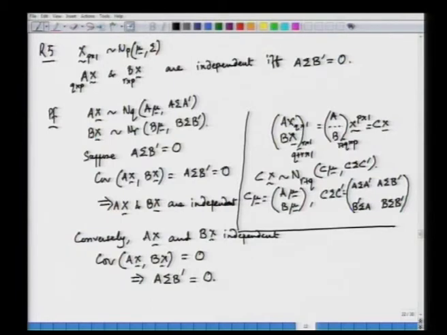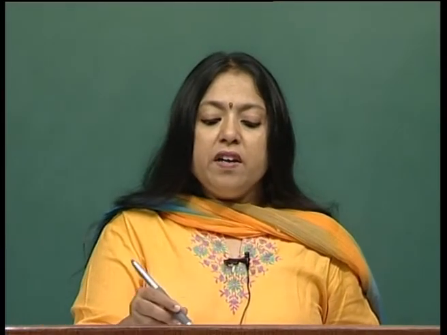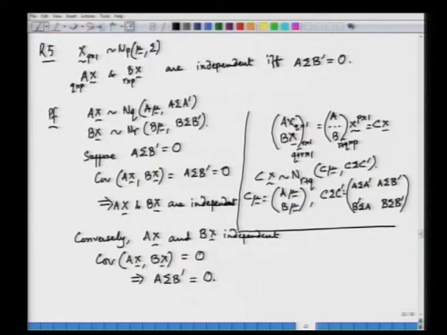So, this is a simple proof of the independence between two linear forms of a multivariate normal random vector, Ax and Bx. Now, we are going to consider one linear form and one quadratic form, and see what is the condition for independence between those two.